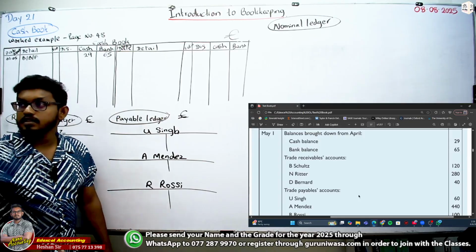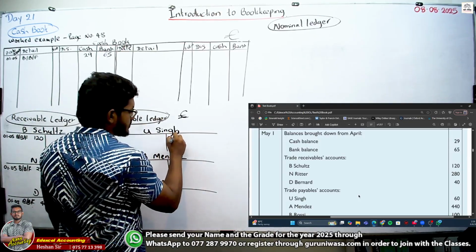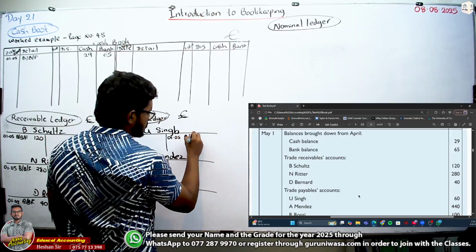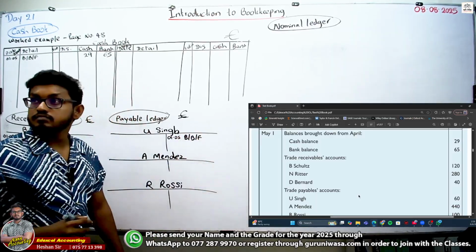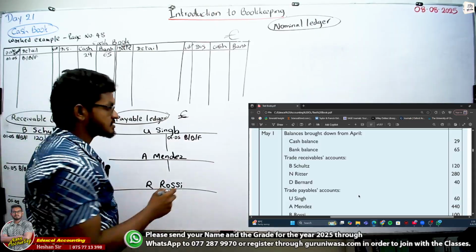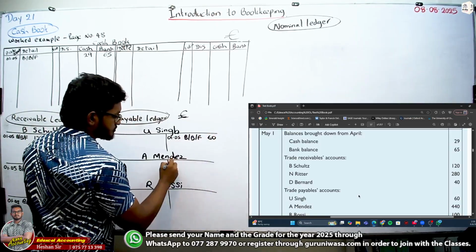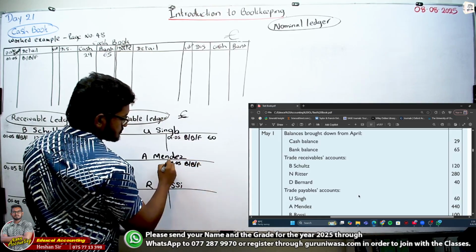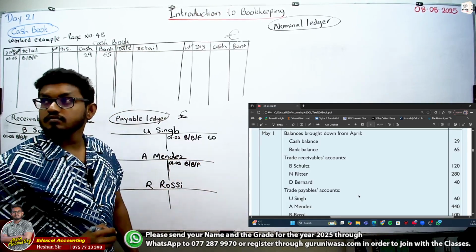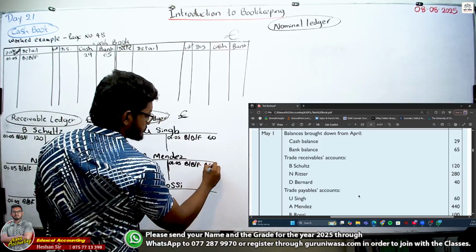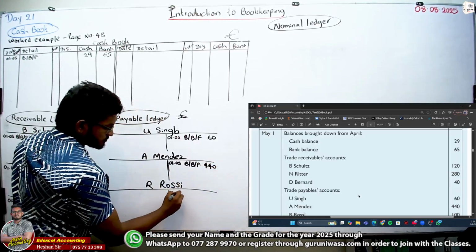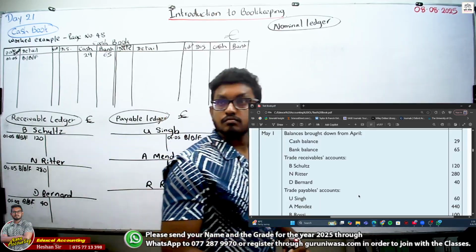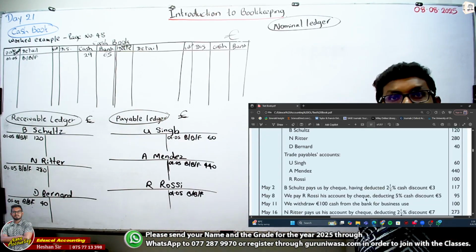Trade payables, 1st of May, balance brought forward 60, 440, 100.